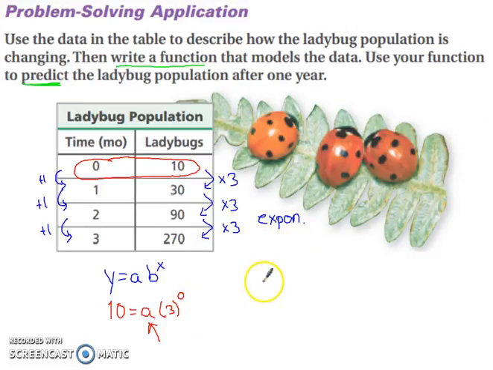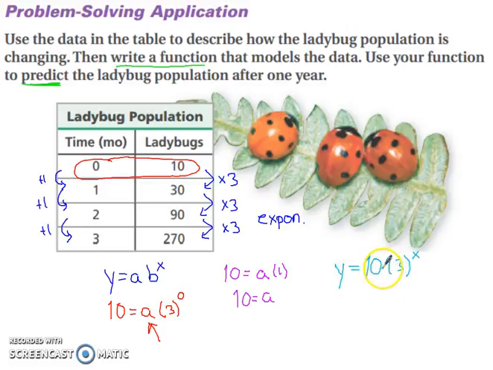When we solve for a, 3 to the 0 is 1. So then we have 10 equals a times 1, which is the same thing as saying 10 equals a. So now we can fill out our formula. We've got y equals 10 times 3 to the x. So there's our exponential function.